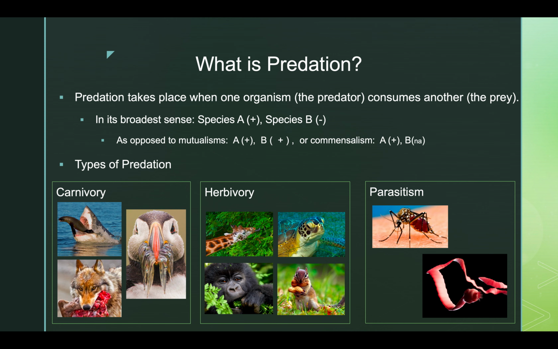Another example that is technically a type of predation, in its own category, is parasitism. That's when an organism doesn't eat another organism but takes resources from one to survive. There are lots of really gnarly parasites out there if you want to get into it.